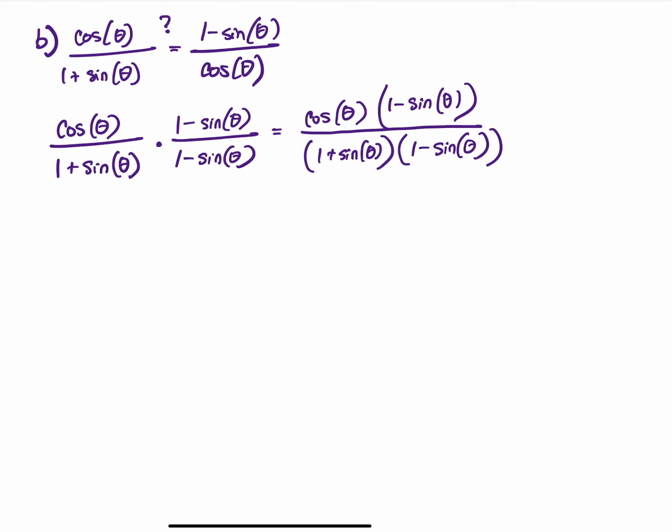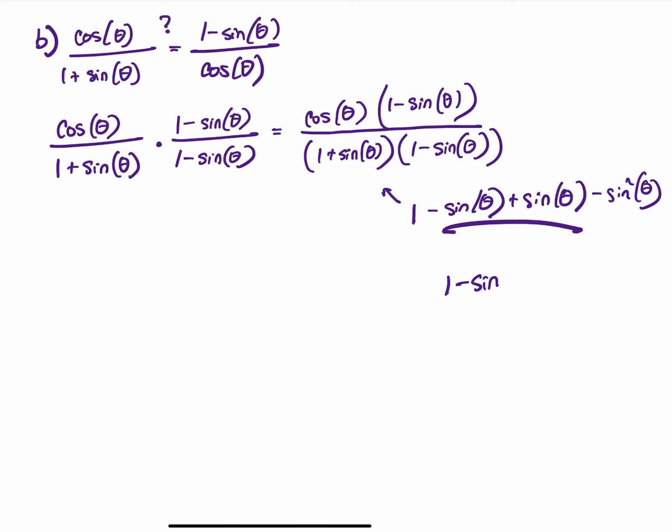I'm going to leave the numerator as it is now and just focus on the denominator. If I multiply that out, let's imagine foiling this, we would get 1 minus the sine of theta plus the sine of theta minus sine squared of theta. So those middle terms will cancel and I get 1 minus sine squared of theta in the denominator.